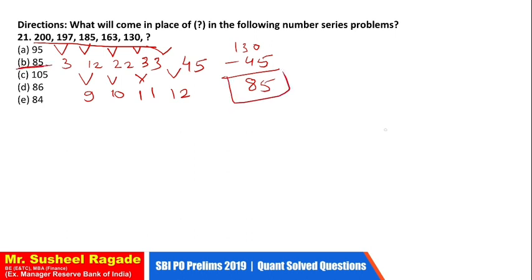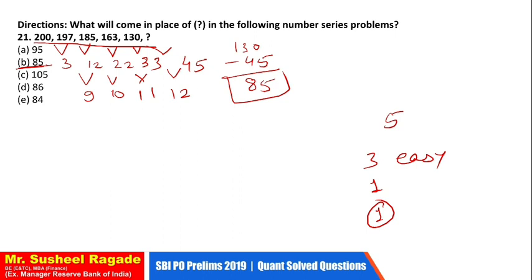Okay. So in the examination, if there are 5 series questions, then 3 are very easy, 1 you can solve with some kind of effort, and sometimes 1 will be difficult. So don't worry about it. Even if you can solve 4 questions, then it will be easy in case of the SBI examination.